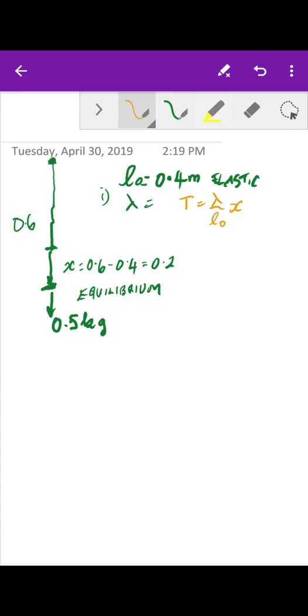Now if you've got 5 newtons acting under the weight, then you have a tension of 5 newtons. So 5 newtons equals whatever the modulus is, divided by 0.4, and our stretch of 0.2. Therefore, the modulus is 10 newtons.